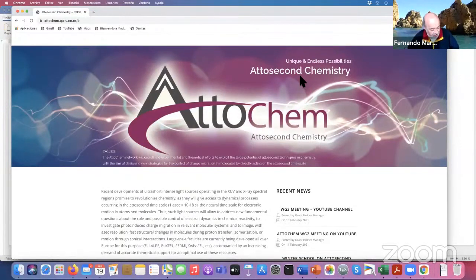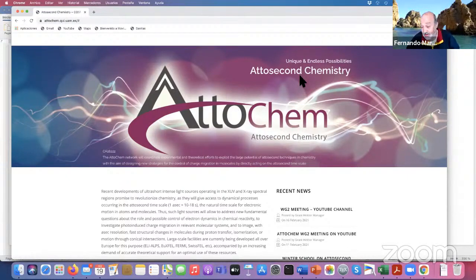One is a winter school on Attochem technologies that will take place from 8 to 11 March. This is mainly experimental, but we are theoreticians and we should be aware of the latest experimental developments. So if you are interested in registering, you are still in time to do it.